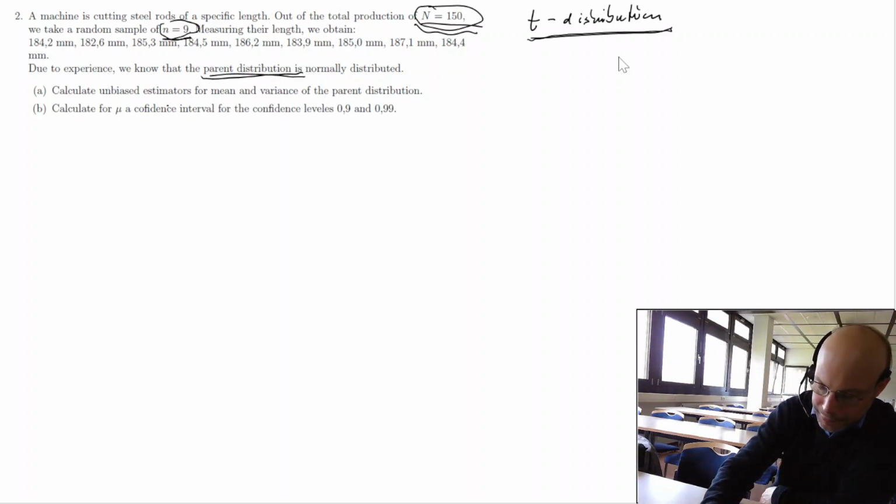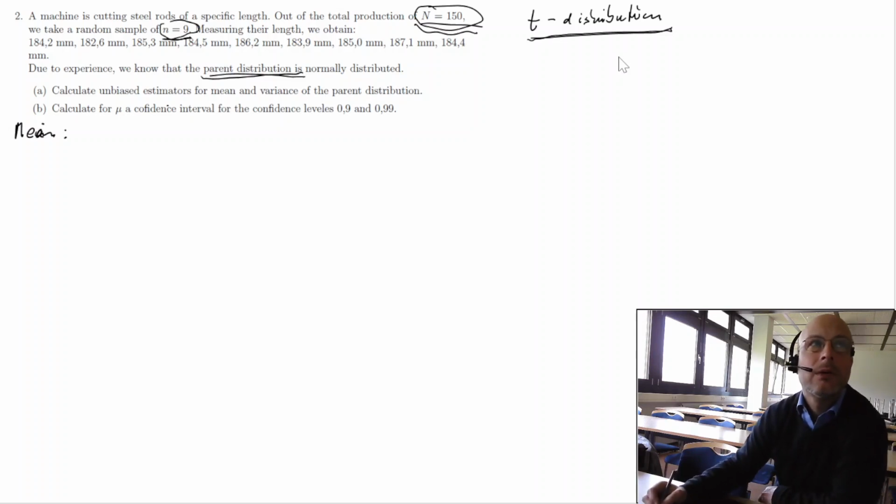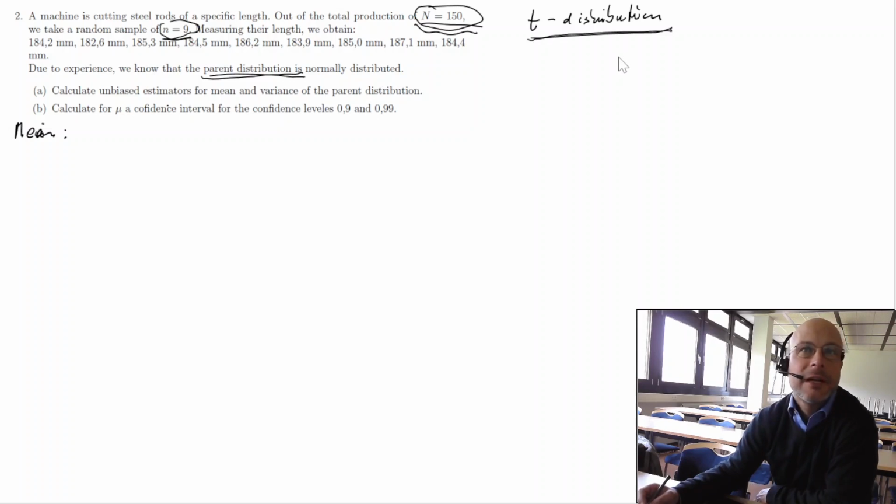For the mean, what do we calculate then? We have measured 9 times the length of our steel rods. Then we just calculate what?